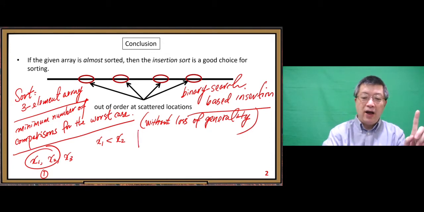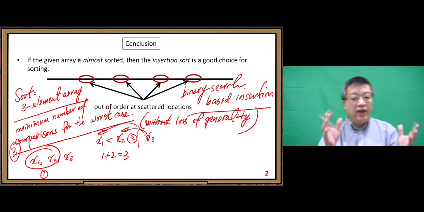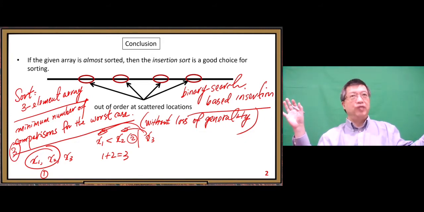Now x3, we do insertion, right? In the worst case, you do 2 more comparisons. 1 plus 2 equals 3. So your answer is 3. You need 3 comparisons to sort a 3-element array for the worst case.